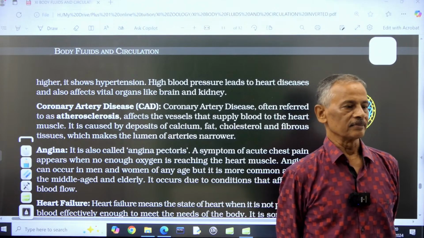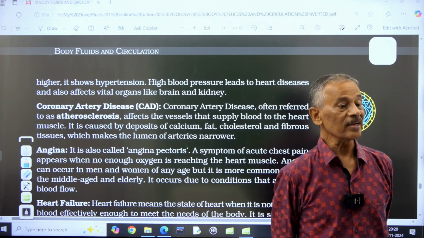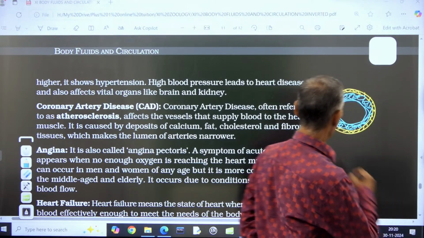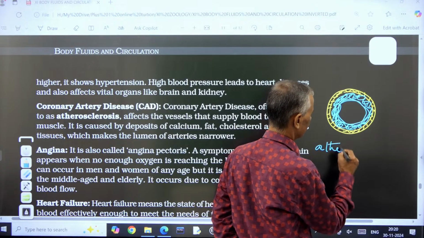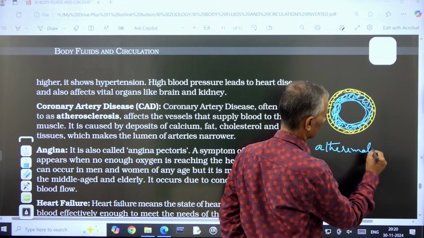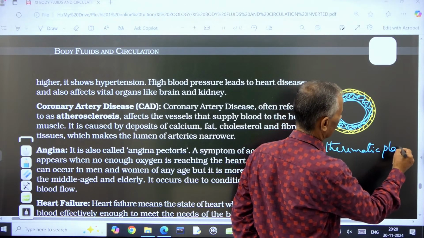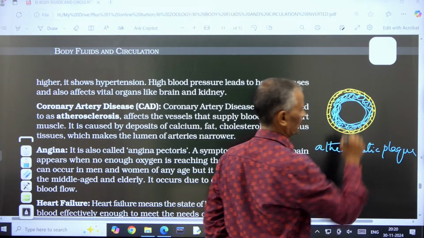This thickening is called atheromatic plaque. Plaque means deposits.